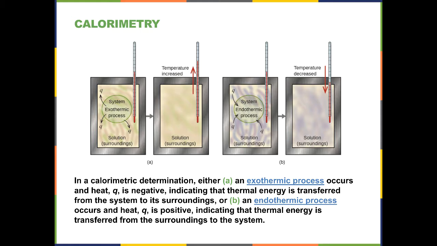It has a negative sign and it goes from system to surroundings, and it's shown on the left in A. An endothermic process, conversely, occurs when the heat has a positive sign, and it indicates that thermal energy moves from the surroundings into the system. That's why you have to keep the definitions of system and surroundings straight, and you have to keep the signs of heat straight, because the sign has to be right in order to get the right answer about whether it's an endothermic or exothermic process.